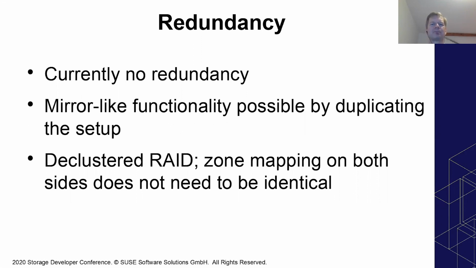This is okay for testing and for demonstrating the performance, but for real-world application, one really wants to have redundancy. It should be possible to implement a mirror-like functionality by just duplicating the setup, so essentially duplicating the cache zones, but also duplicating the SMR zones.